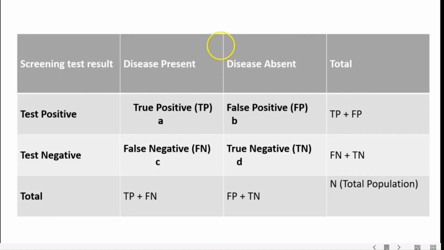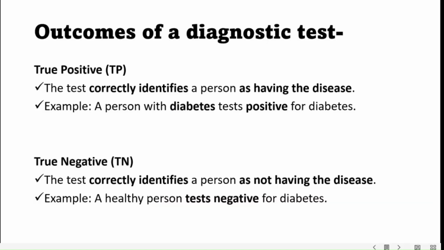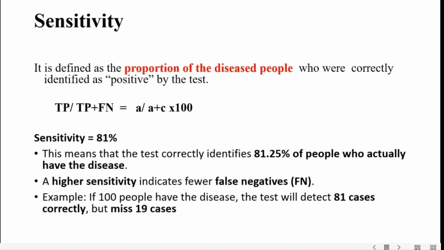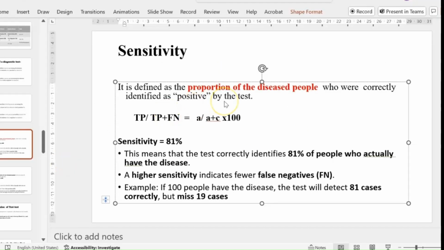The proportion of diseased is A plus C, and those who are truly tested positive are A. So the sensitivity is A upon A plus C into 100.